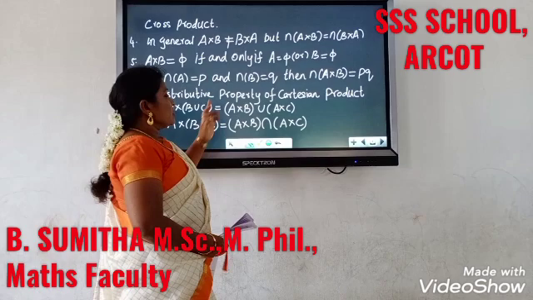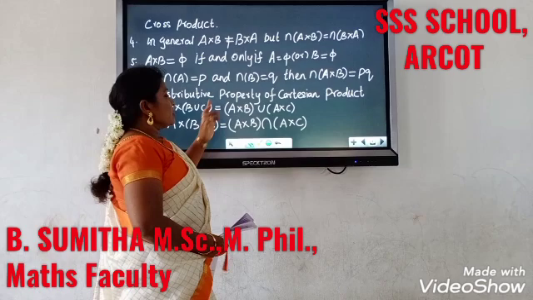In this, first we find the value of B union C. B union C is equal to the value of B, {0, 1}, union the value of C, {1, 2}. Union is nothing but we have to combine and write the two set values, which implies B union C is equal to {0, 1, 2}.